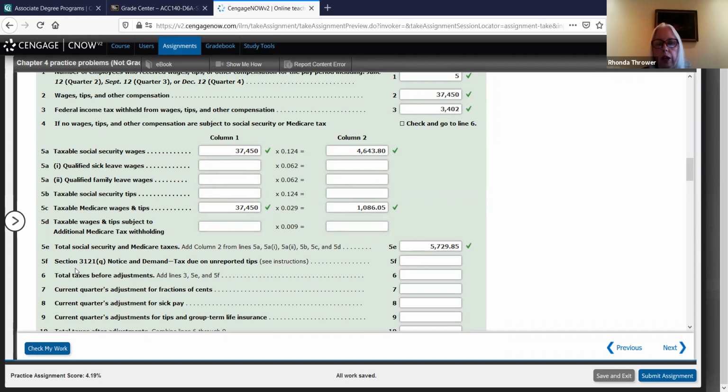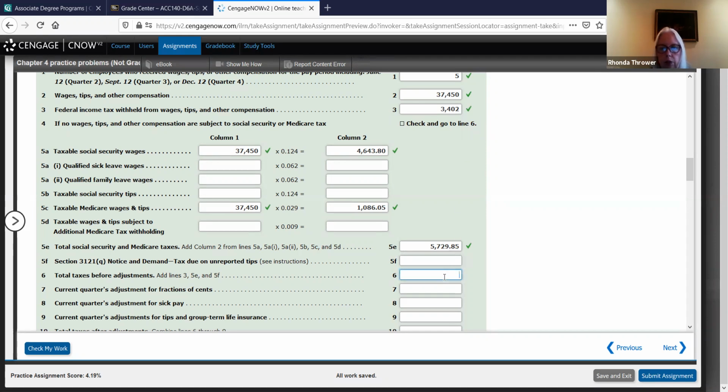So we can move to 5F, which is section 3121, and we didn't have anything that would go there. So we need to go to line 6, which is total taxes before adjustments. We're going to add lines 3, 5E, and 5F together.